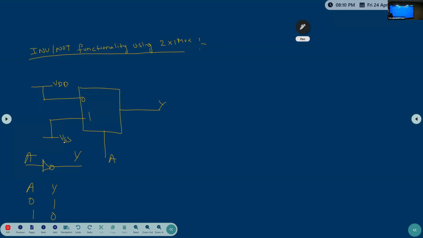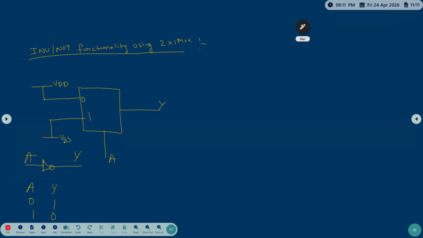This is the inverter functionality. One input, one output. If I give A as 0, the output becomes 1. If I give A as 1, the output becomes 0. Clear? This is the inverter implementation using a mux.